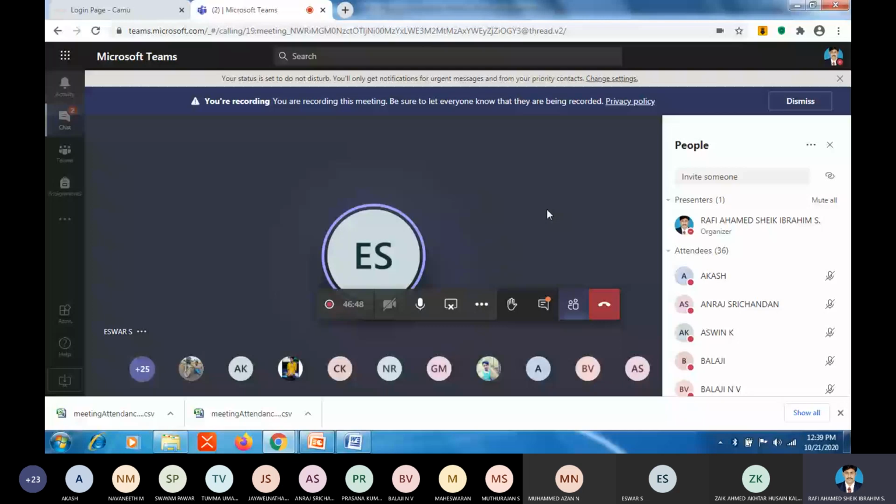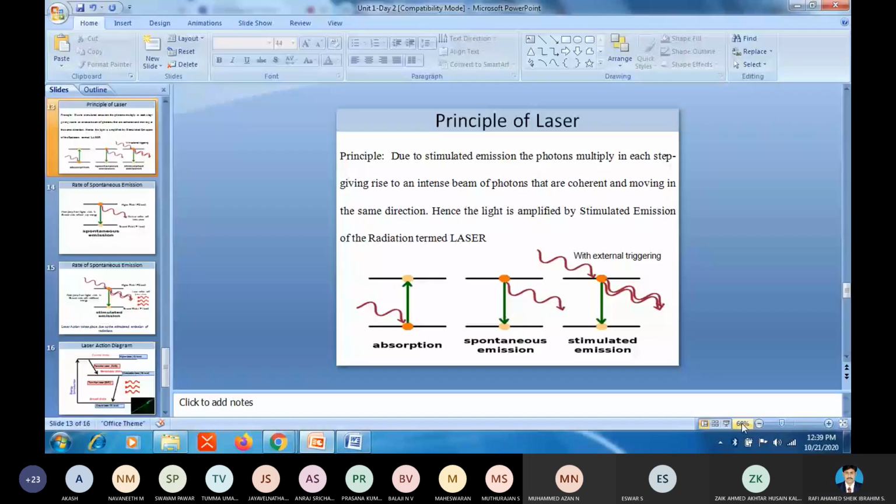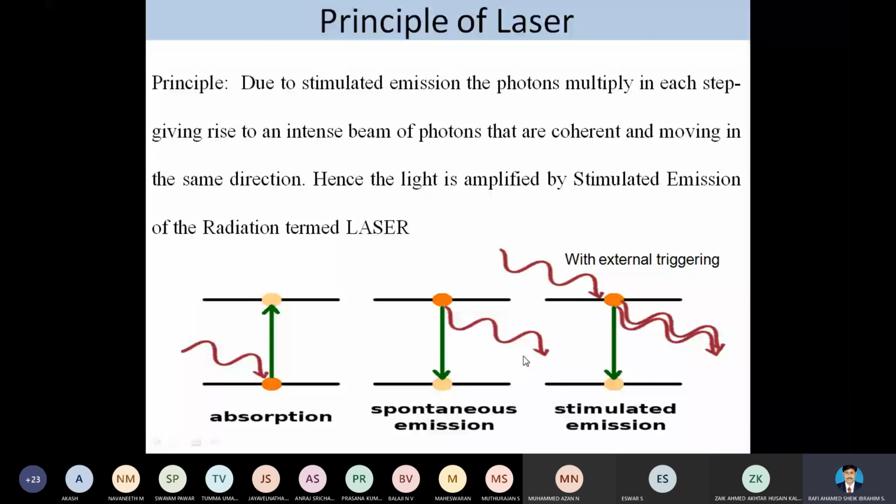So now we start the second content. The second content is the principle of laser. The principle of laser is very easy to represent. Sometimes they will ask the question, write the principle of laser, and most students hesitate to write this term.